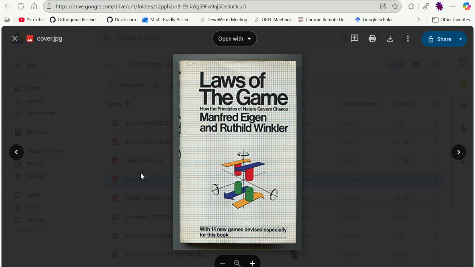Manfred Eigen, of course, was the pioneer of things like the hypercycle, but he also had this interesting game theory where you can play these games that mimic things in biochemistry or in physics, and you can have these different strategies for playing them.